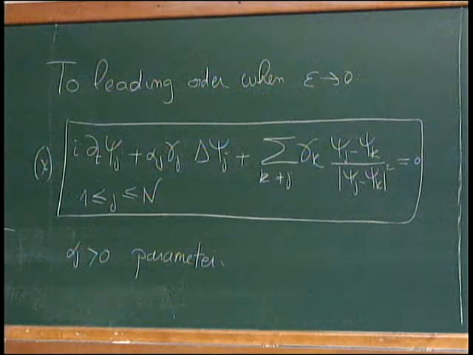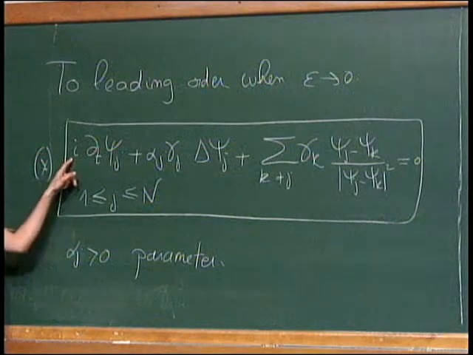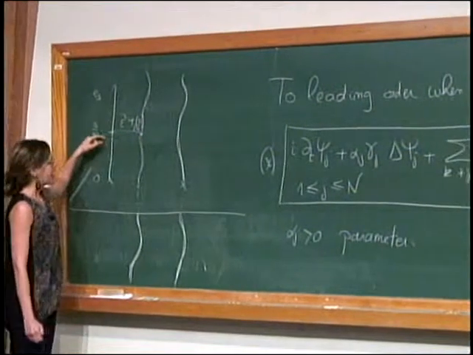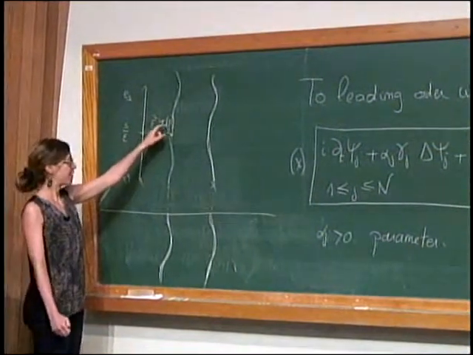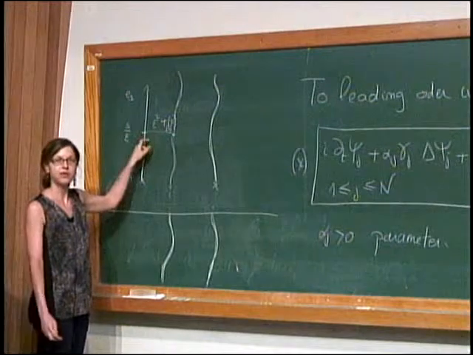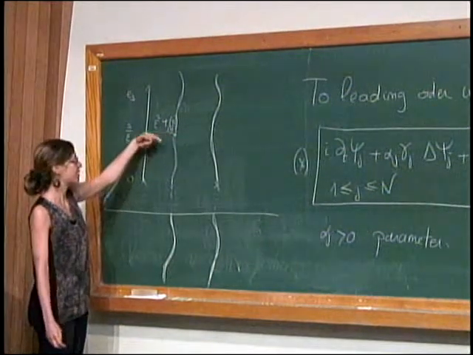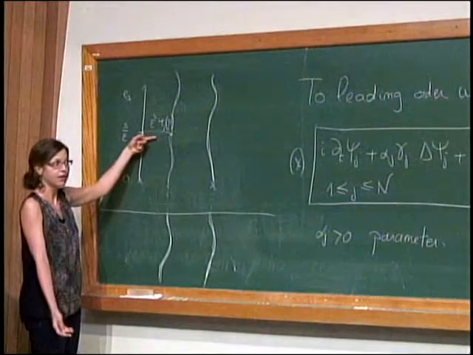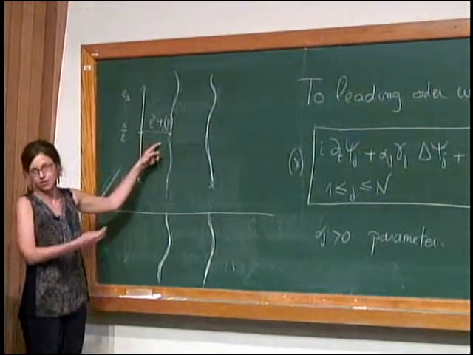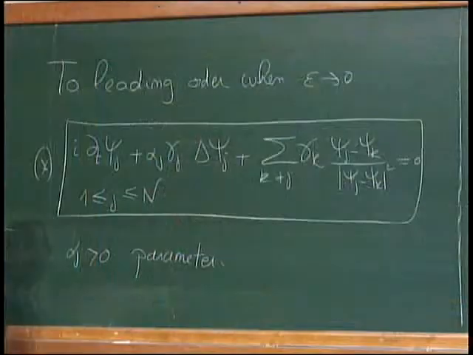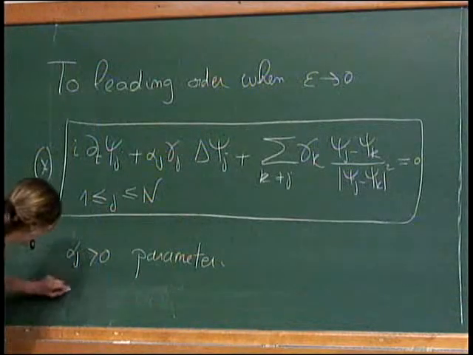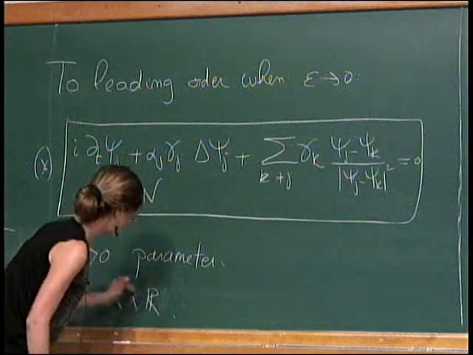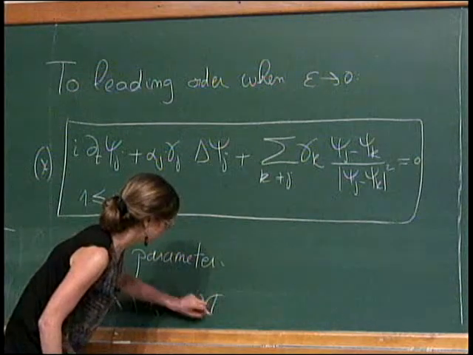I put an i here because I identify R2 and C. In my derivation, I assume that the profiles psi j are orthogonal to E3, which is like assuming that they are vector fields in R2, or in C. So psi j can be a complex number or an R2 vector field, a function from R times R to C or R2.